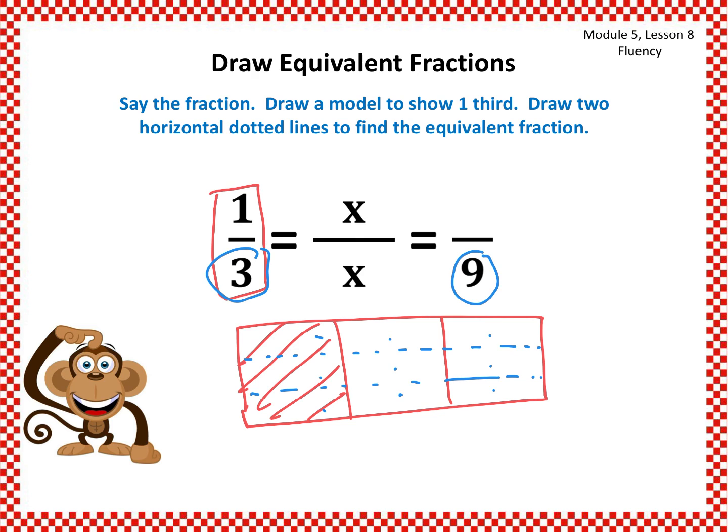And how many parts do I have shaded? 1, 2, 3. So I now have 3 9s. What did I multiply by to get there? 1 times what is equal to 3? Okay, 3. And 3 times 3 is equal to 9. Again, notice that I multiplied top and bottom by the same number.